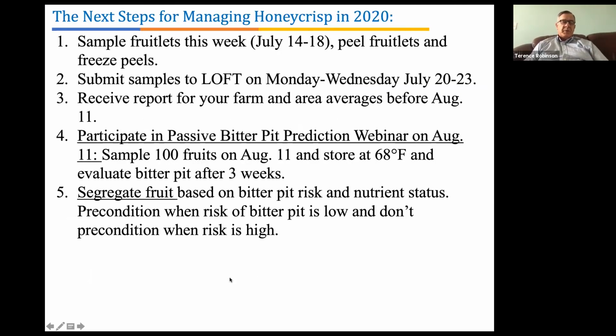The samples will be collected, as Mario said, sometime between Monday and Wednesday of next week. You will be required to go online and fill out the information that's required for us and properly label each sample bag. But we commit that if you do that and we get the samples by Wednesday of next week, we will get the data and give you a report back to your farm with the specific information about your blocks, whether it's 1 block on your farm or 50 blocks on your farm.